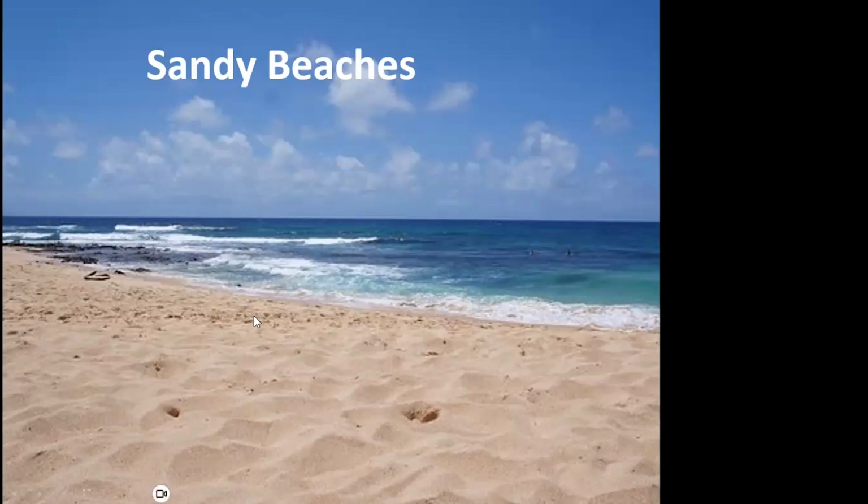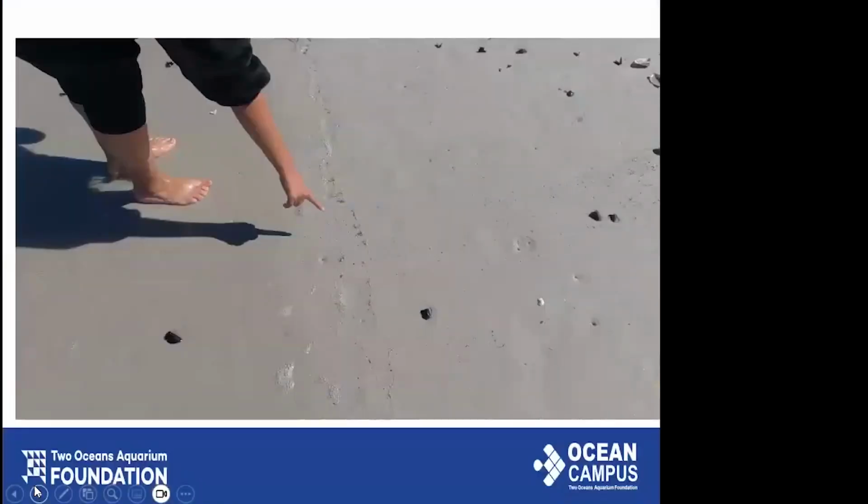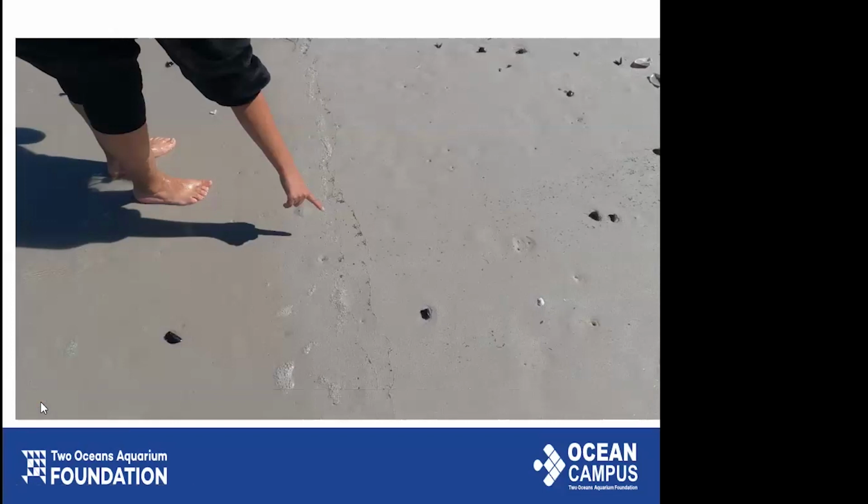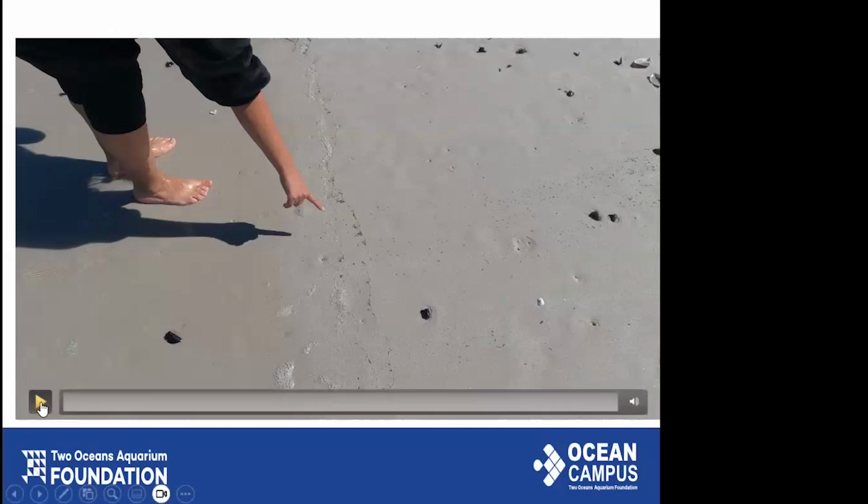It's a little bit more dry, not many organisms at all in this environment. Definitely no seaweed in this environment as well. But in fact, there are some organisms within this area as well. And that's what we're going to look at in a little bit more detail.